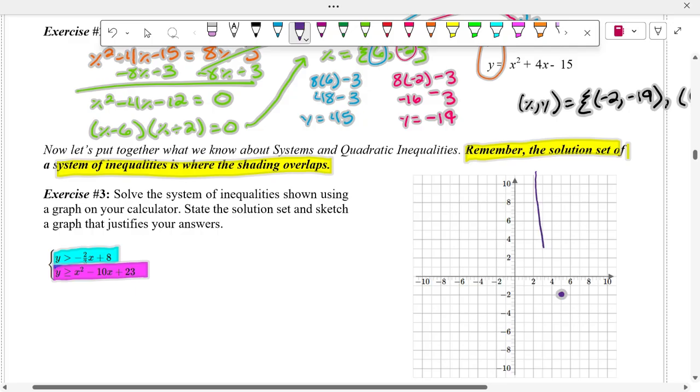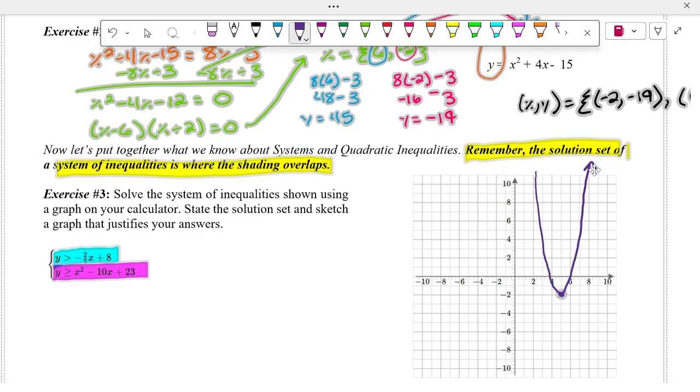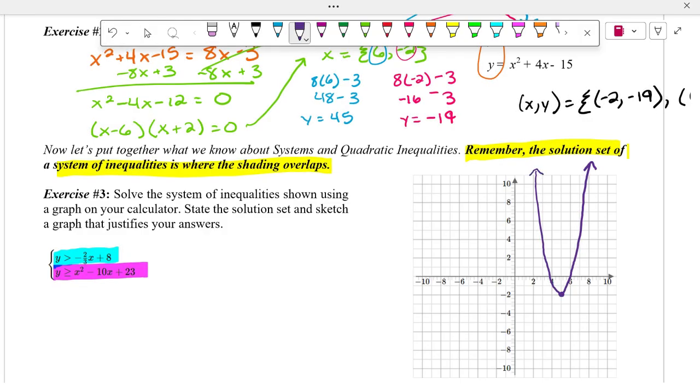All right, so again, it's not going to be perfect. I'm just getting a couple of points. I just got the vertex, so at least it was in the right place. Now, where did they shade? Did they shade on the outside of the parabola or inside the parabola? Inside. Also, why is the parabola a solid line? Because it has the equal to, right?